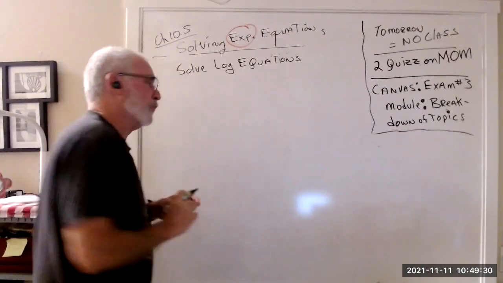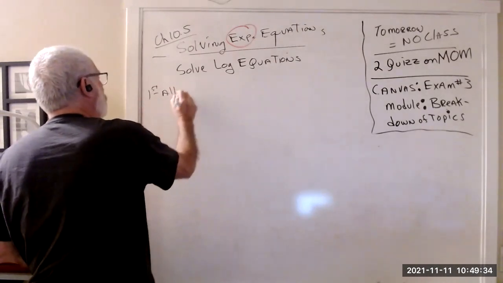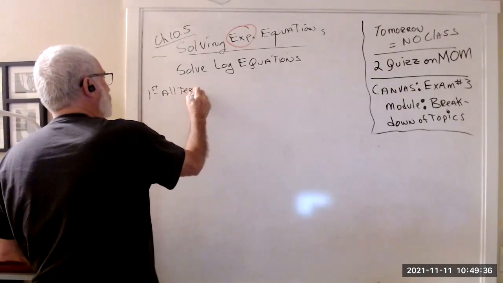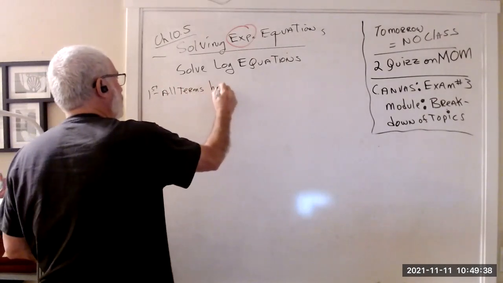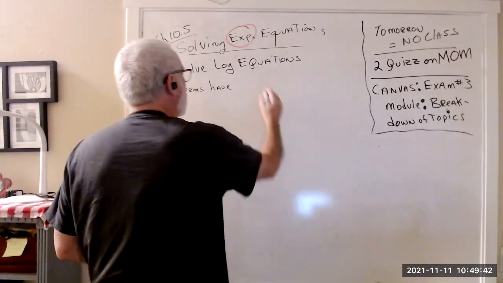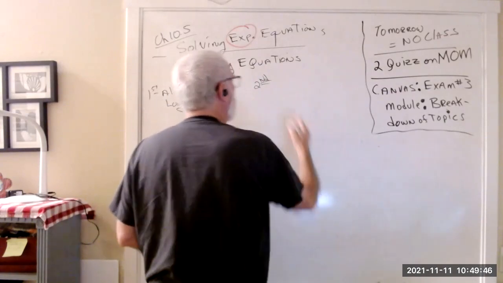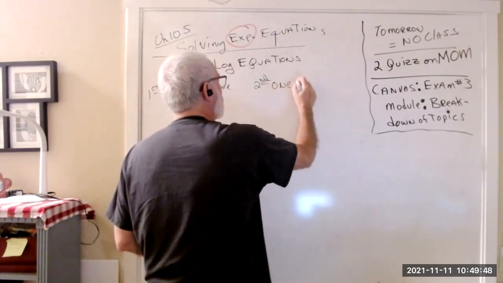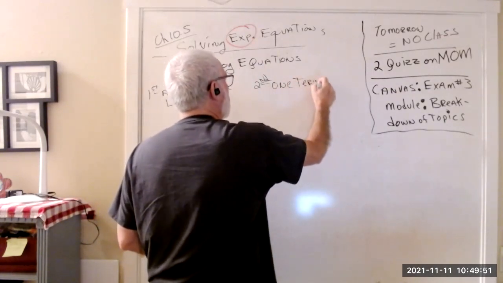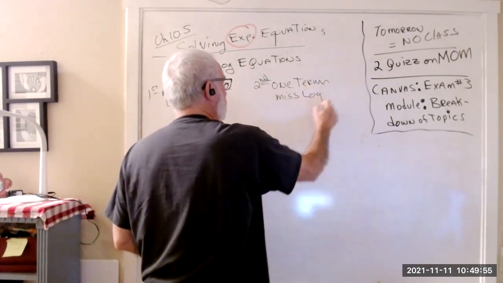The first type is that all terms have a logarithm on them. And the second type is one term is missing a logarithm.